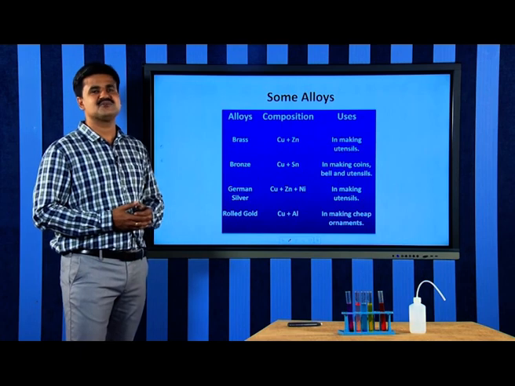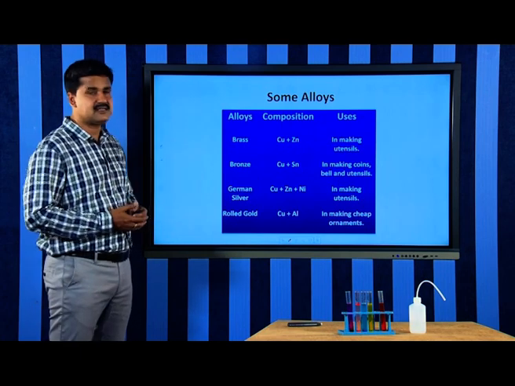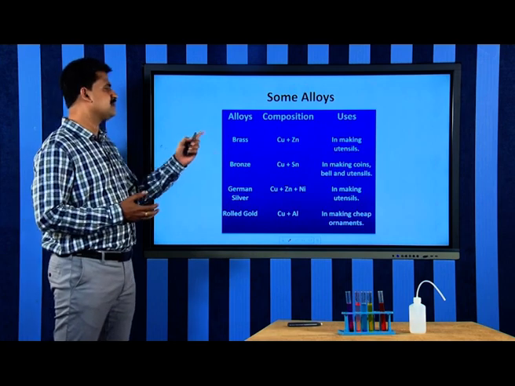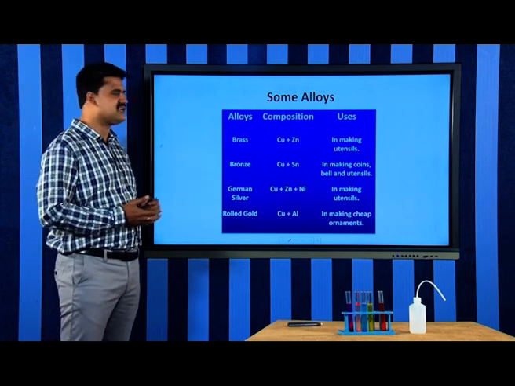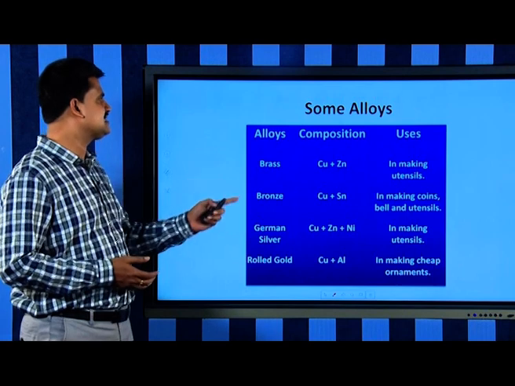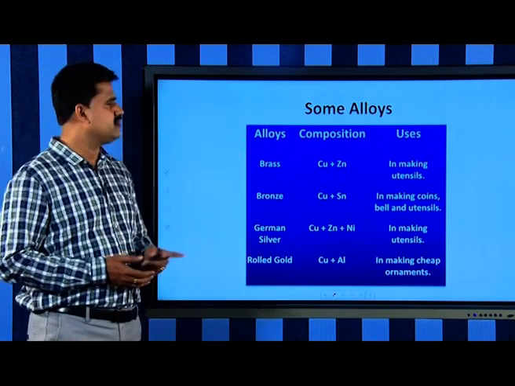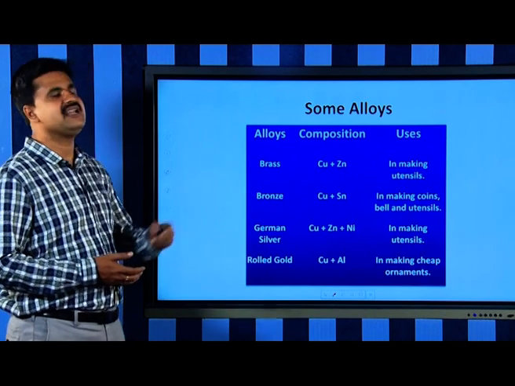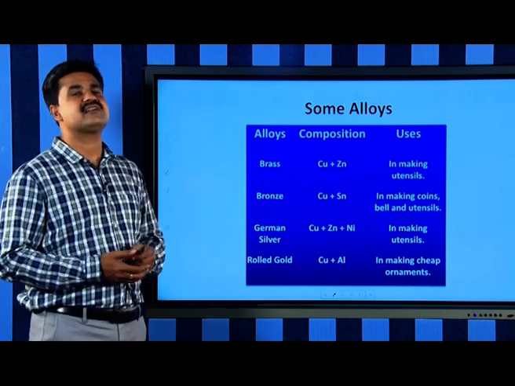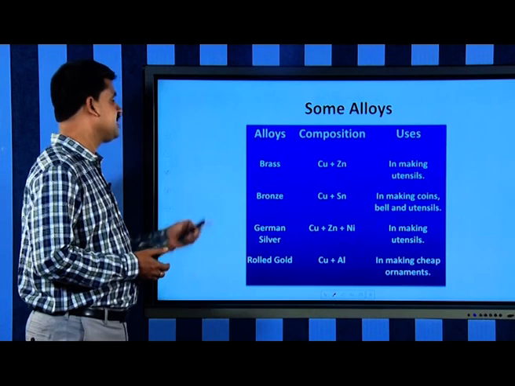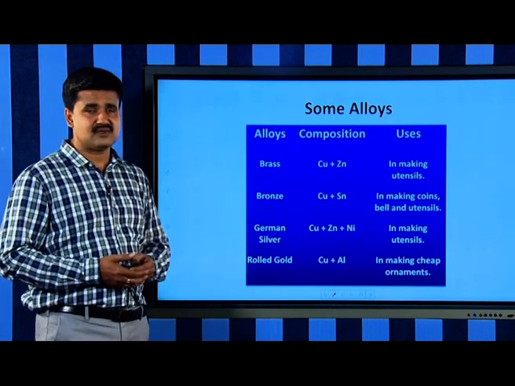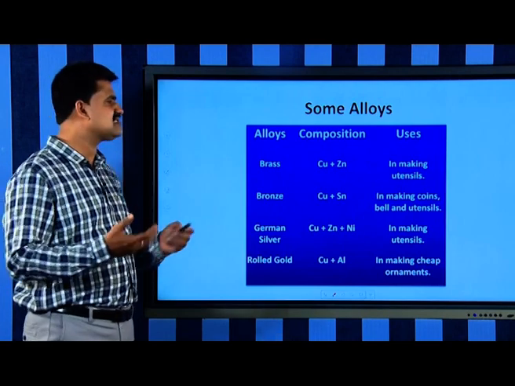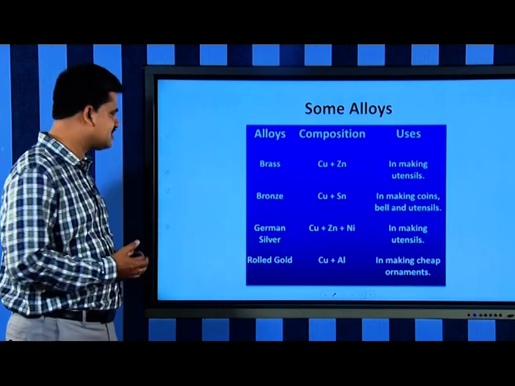Some very useful or important alloys. There is an enormous number of alloys, and some representative alloys are shown in this diagram. Brass, which consists of two metals, copper and zinc, is highly useful in making different types of utensils. Bronze, which comprises copper and tin, is used in the preparation of bells, coins and some utensils.